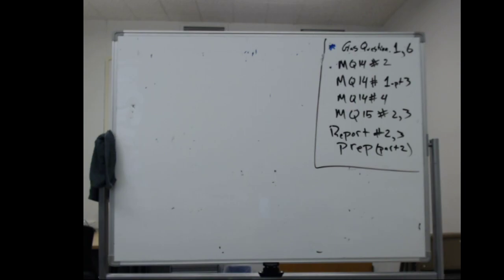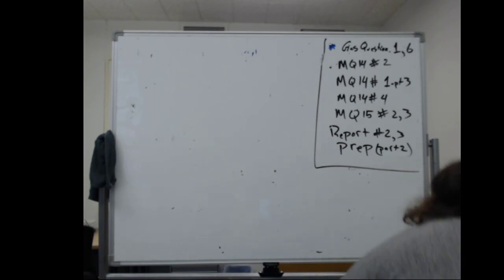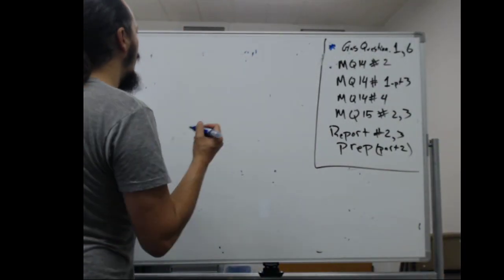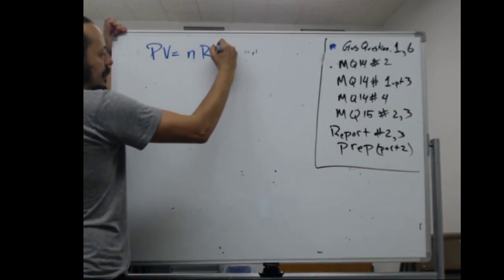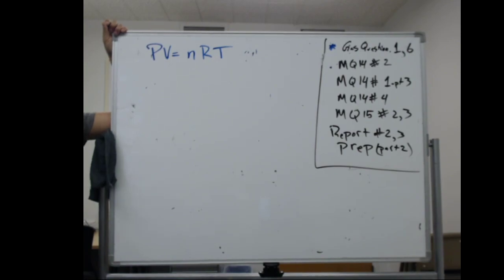I think those should be worth points, but it's also the end of the quarter. In this one, we've got potassium chlorate reacting to form oxygen gas. They do the same thing and collect the gas, and it's asking us to figure out what the ideal gas constant is. So we can imagine, when we look at our ideal gas law, we just look up what the ideal gas constant is.